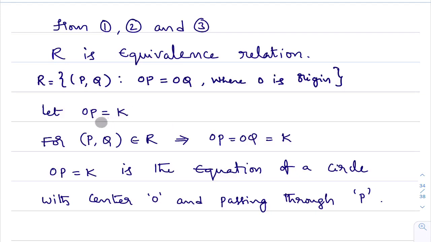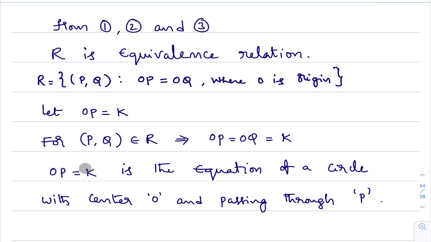As I considered the distance from origin to P as some K units, I can write OP equal to K. It tells you that OQ is also K. So OP equal to OQ equal to K. OP equal to K is the definition of a circle. In the first PUC circles chapter, O is the fixed point, P is a point in a plane such that OP equal to R.